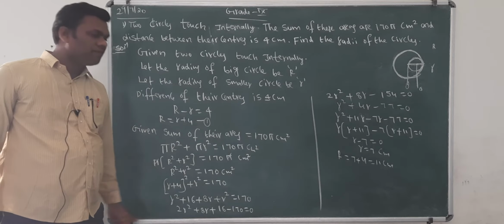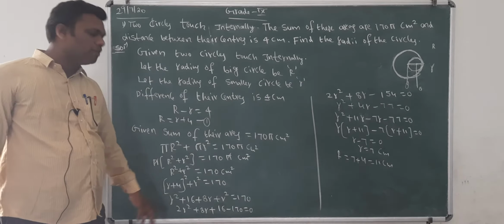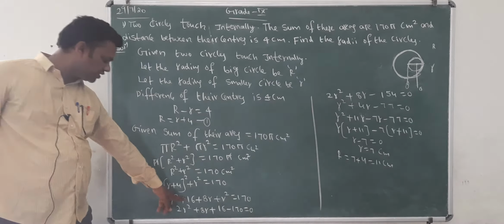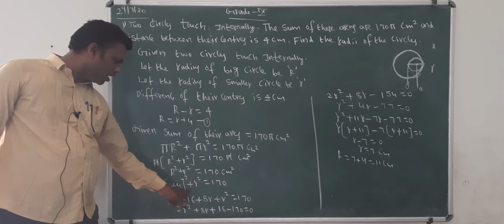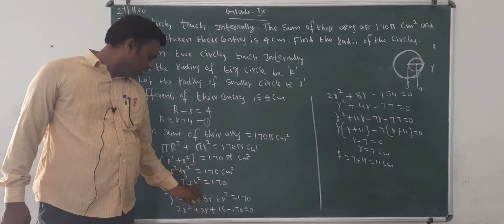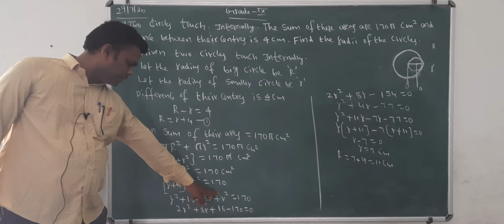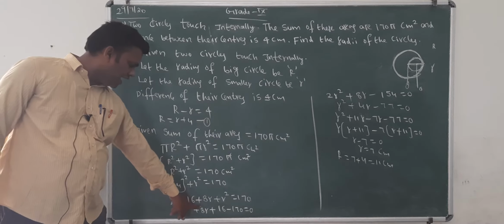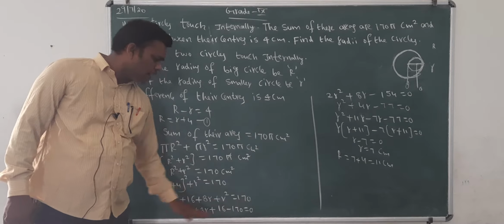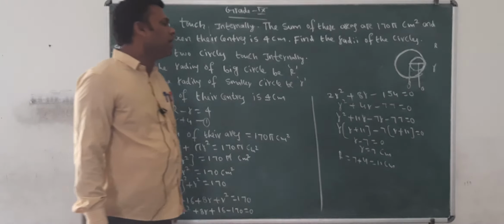It is in the form of (a plus b) whole square: a square is r square, plus b square 4 square is 16, plus 2ab is 2 into r into 4, that is 8r, plus r square equals 170. Now r square plus r square is 2r square, plus 8r plus 16 minus 170 equals 0.